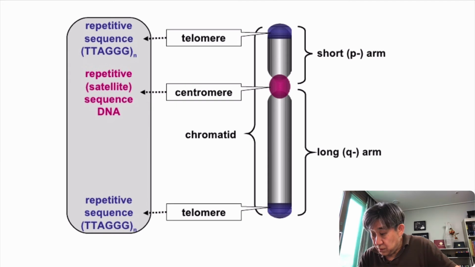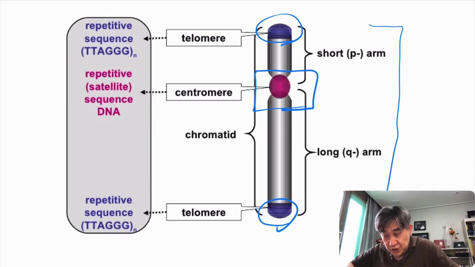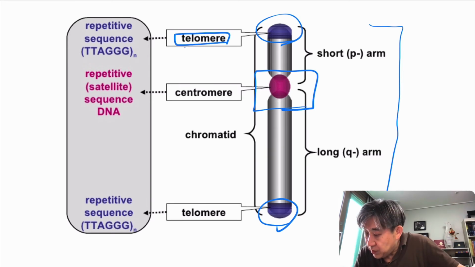If this is your entire chromosome, the edges of a linear eukaryotic chromosome we call the telomeres, whereas the central area of the chromosome is called the centromere.